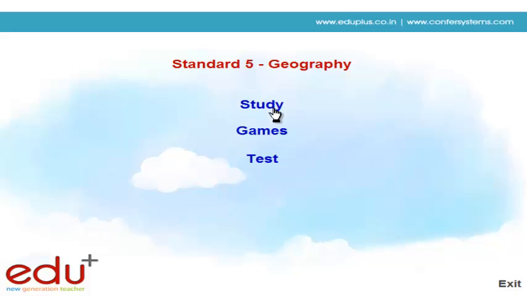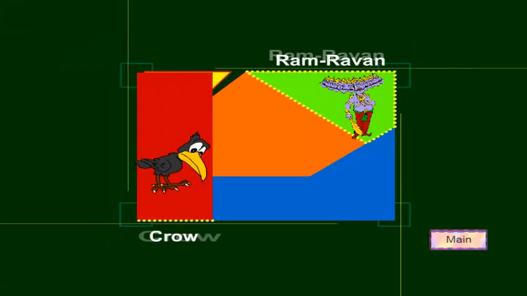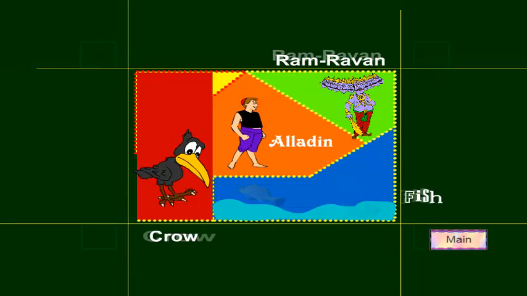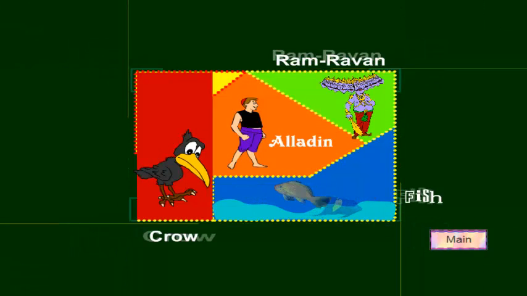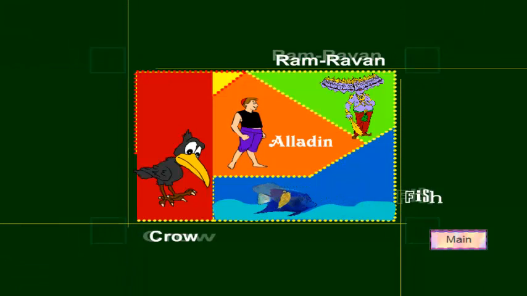After finishing the study sections, we turn to the game section. Here, we are adding 16 different educational games, in which 4 games are selected for each standard.